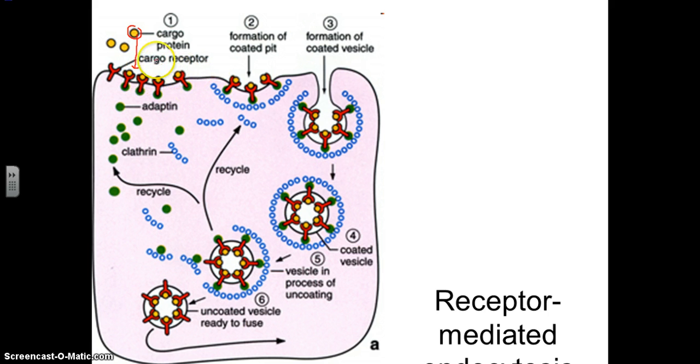The binding of the things that want to get into the cell to the receptor proteins causes the membrane to start to invaginate. We don't care about the coated pit or the coated vesicle formation. Them binding signals for the cell membrane to start to invaginate, and then it brings it in and forms a vesicle.